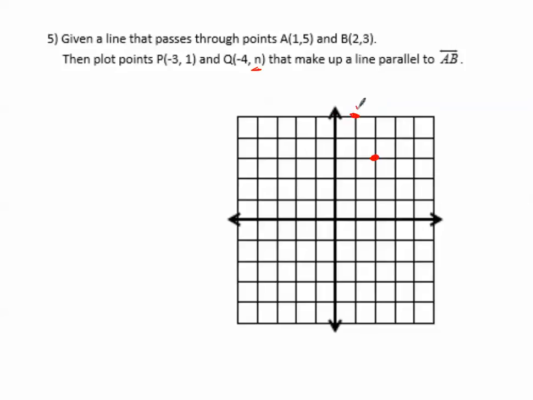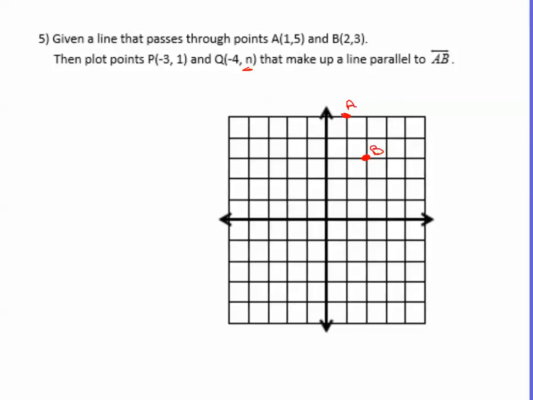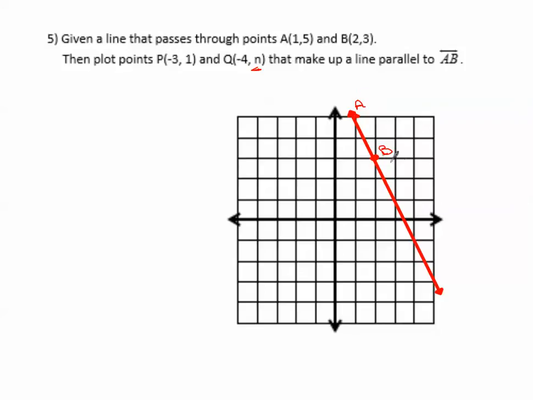So this is AB right here. Let's draw that line. The red line is line AB.